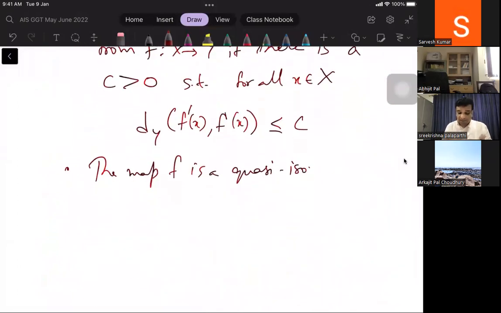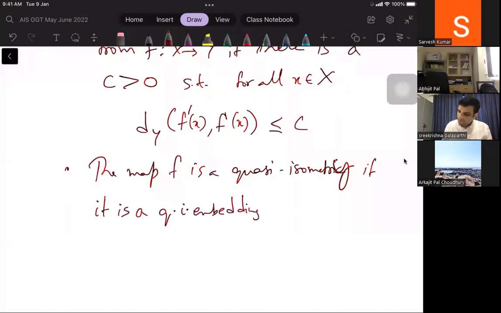So the map f is a quasi isometry if it is a quasi isometric embedding for which you would expect there is an inverse of sorts.